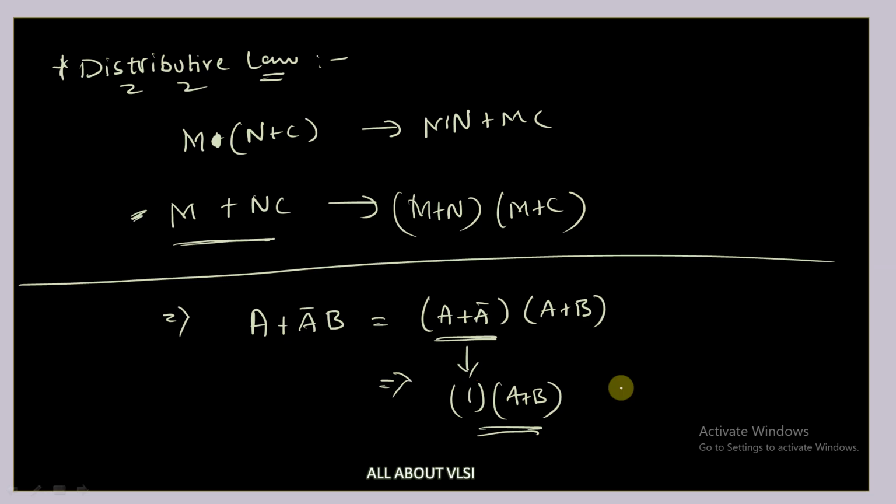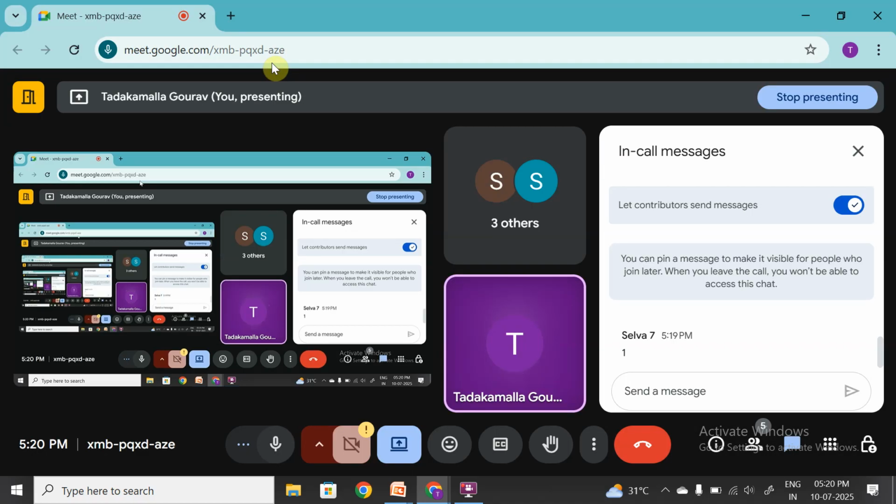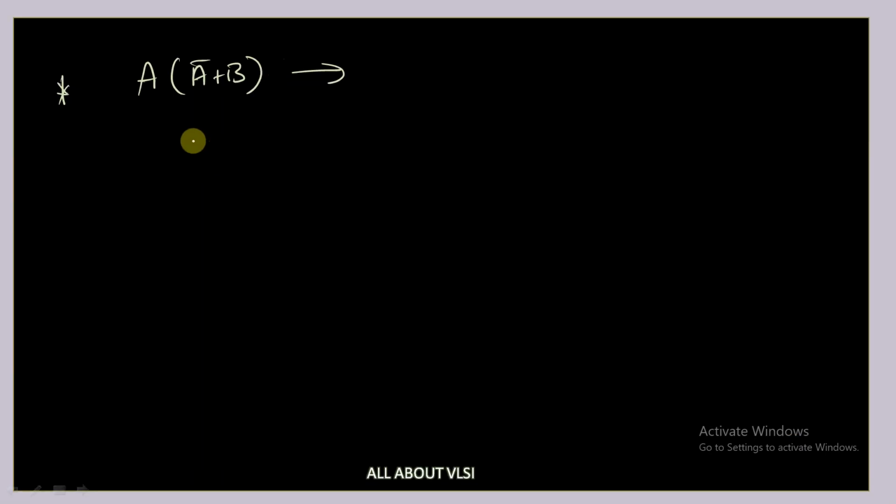Now, let's say we have a into a bar plus b. Can anyone tell me in the chat box what is a into a bar plus b? Exactly, ab, not 1.